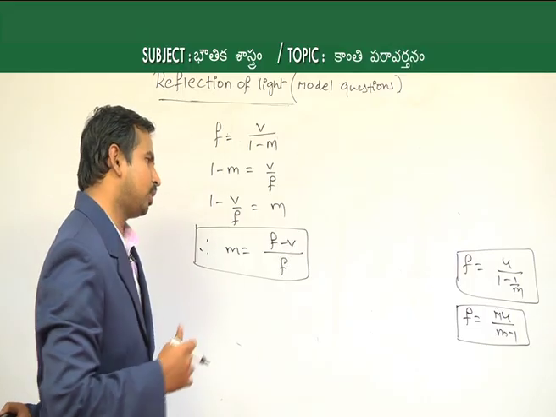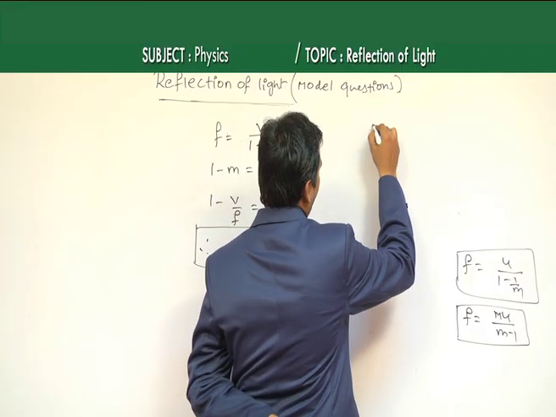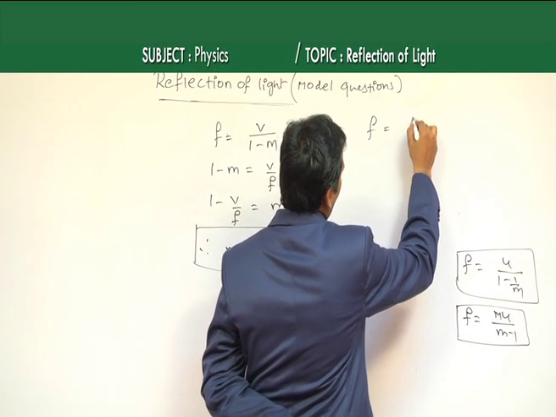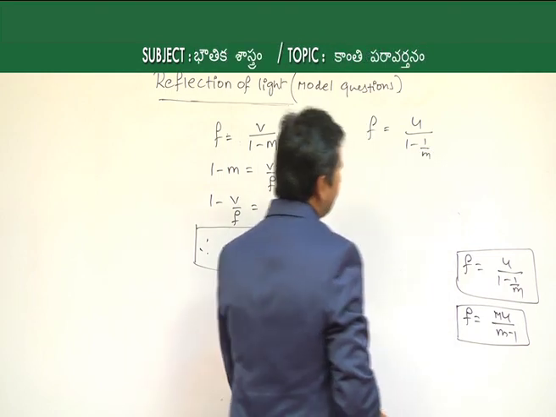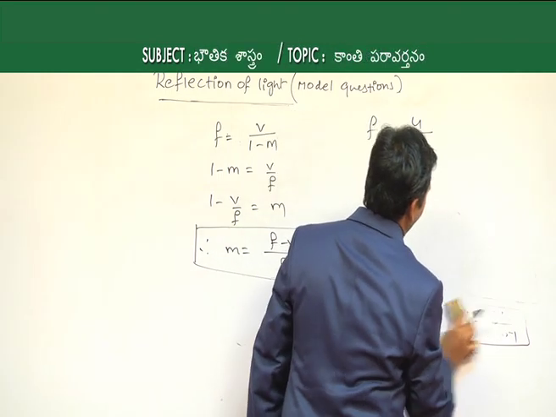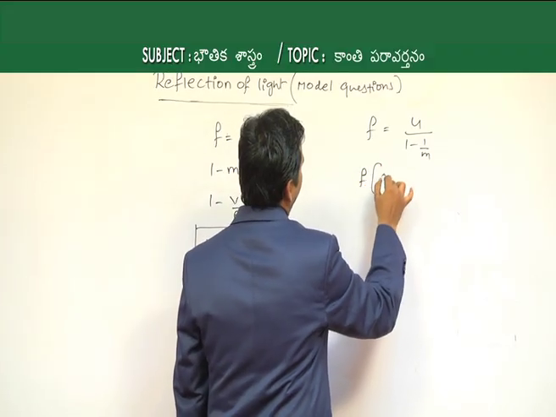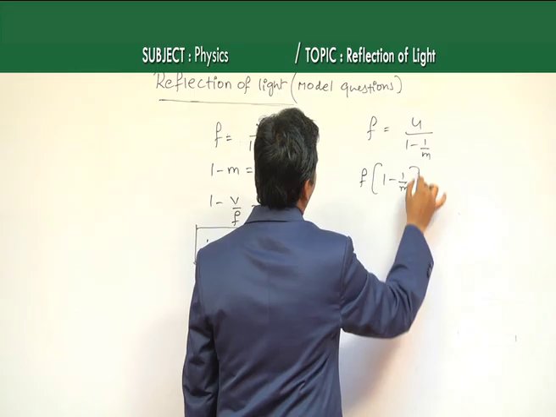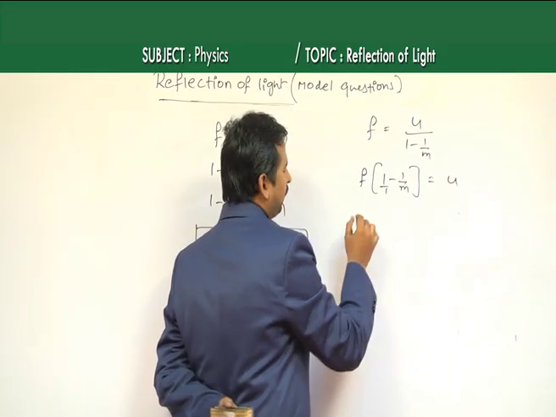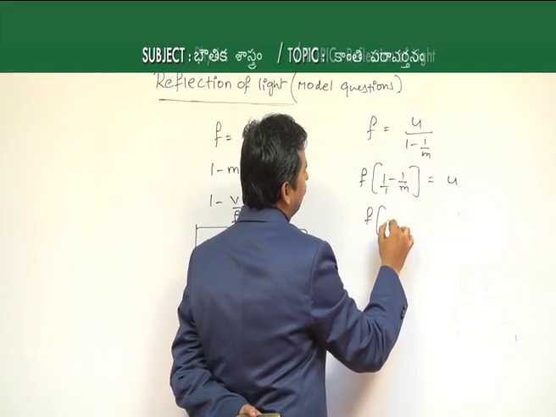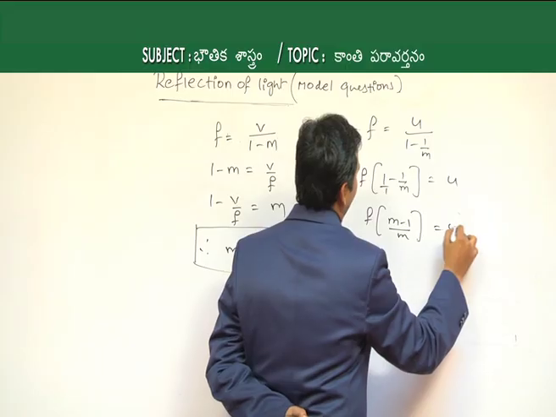Whereas in case of focal length and object distance, where f is equal to u by 1 minus 1 by m, what we need is the m value here. If you cross multiply, f of 1 minus 1 by m is equal to u. If you take LCM here, f of (m minus 1) by m is equal to u.